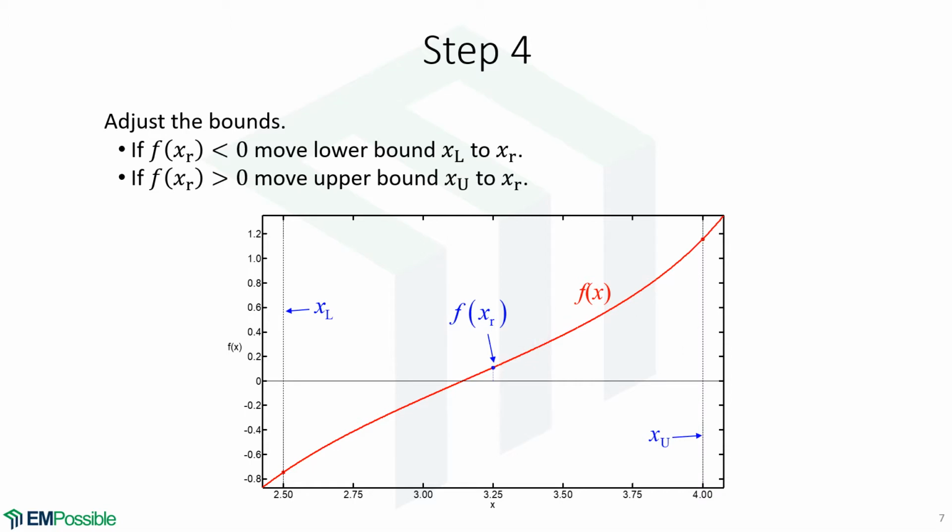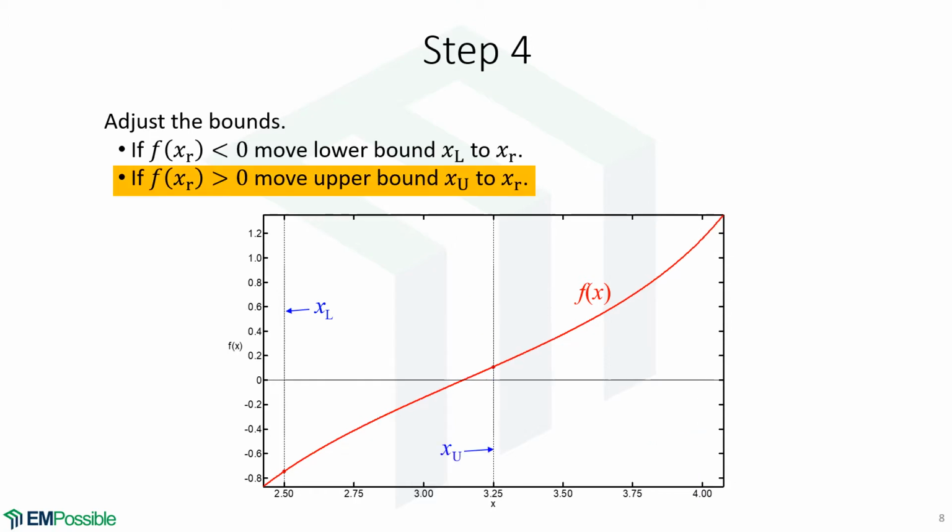Now, if that function value were negative, so over here somewhere, then the root would have clearly been to the right, and so we would want to move the lower bound up to our guess at where the root is. But here it's positive, and so we take the upper bound and move it to our guess.